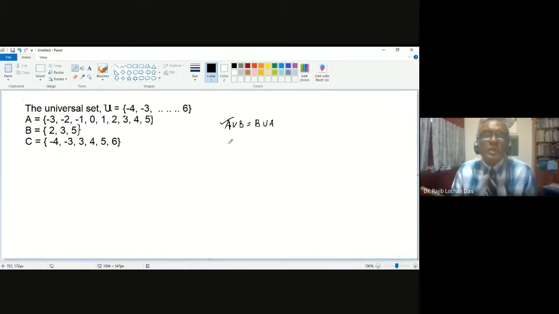That will be fine. So if I do A union B first, within bracket, and then again union C, the result you will get, will it be the same as B union C first and then union A?